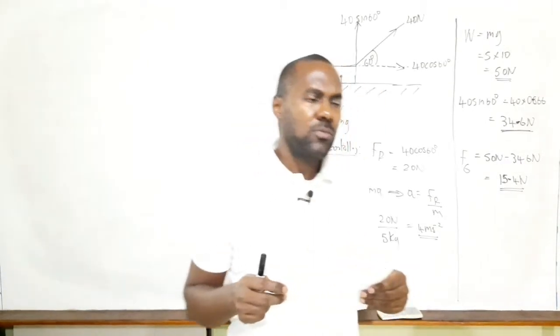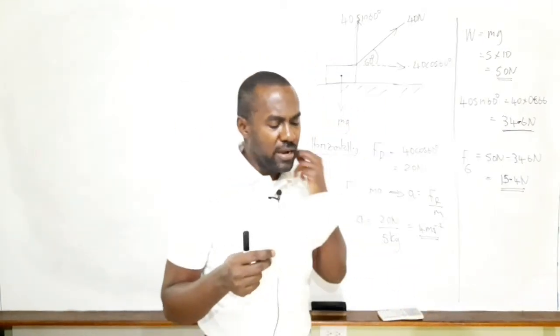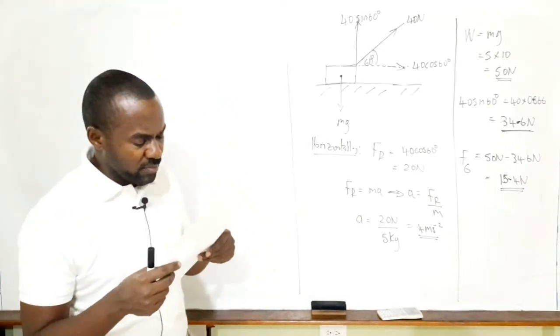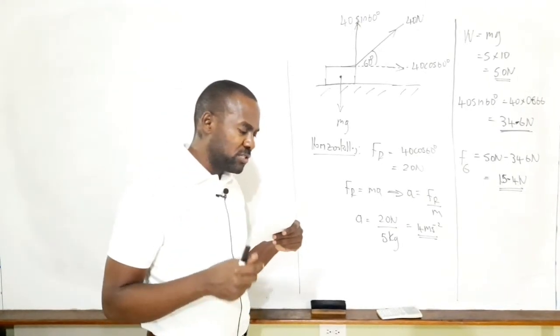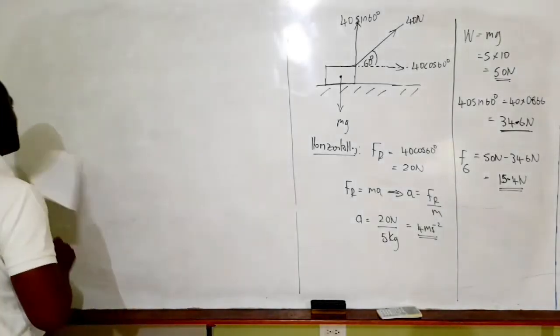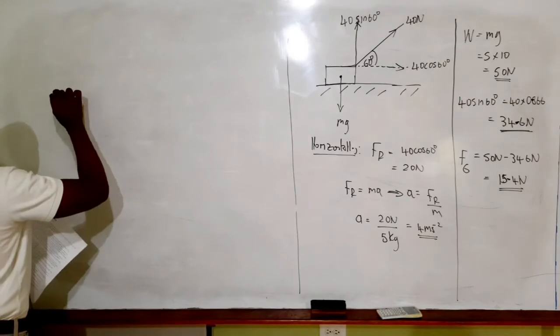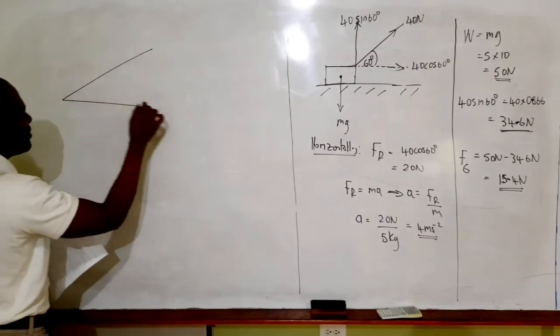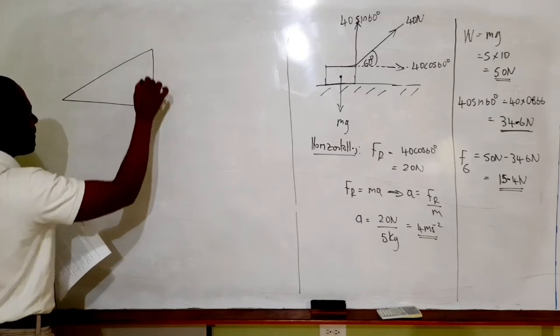So once again, we will try to represent the situation on a diagram. We're told that a railway truck of mass 6 tons moves at an acceleration of 0.05 meters per second squared down a track. So basically what we have is an incline, and the railway truck is moving down the incline.